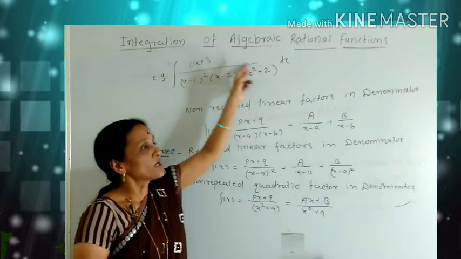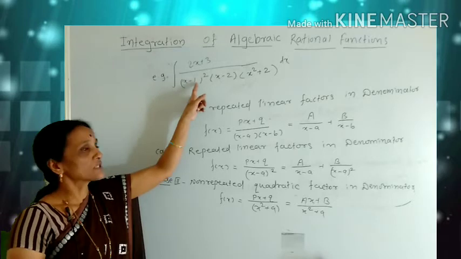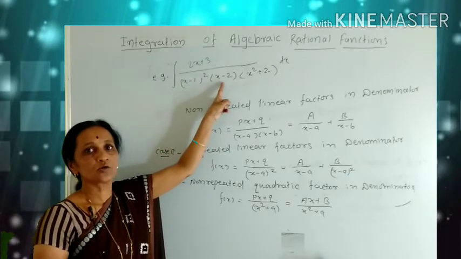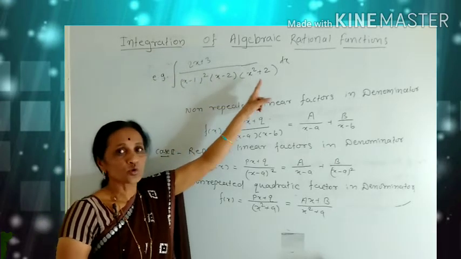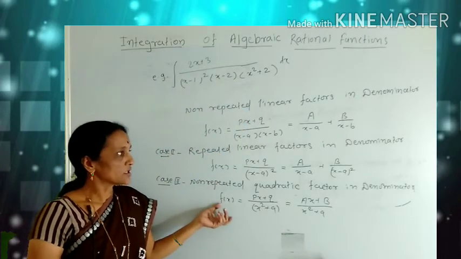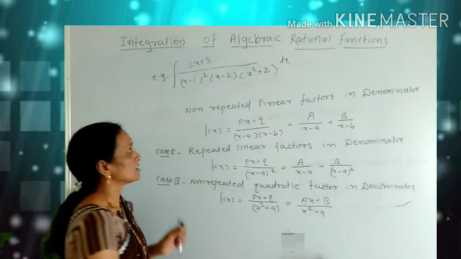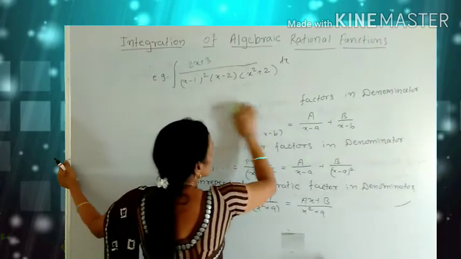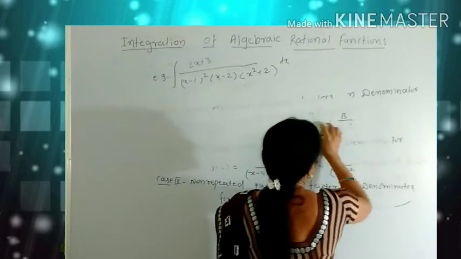So this example consists of the non-repeated linear factor in the denominator, the repeated linear factor in the denominator, and also the quadratic factor in the denominator. So we consider the combination of these three cases, and here we write the decomposition of these linear factors in this way.